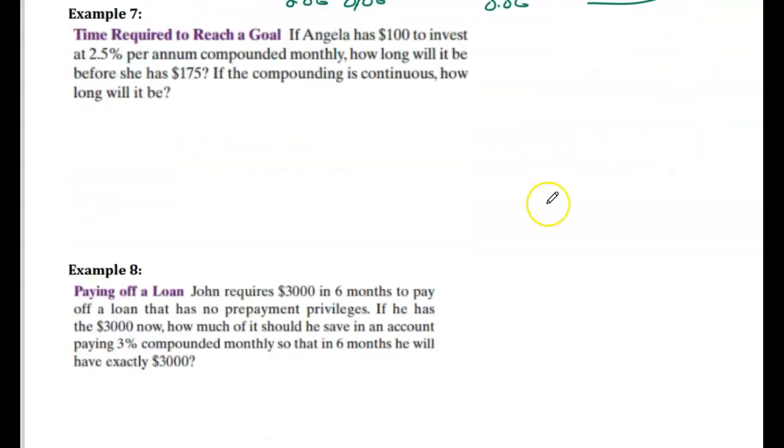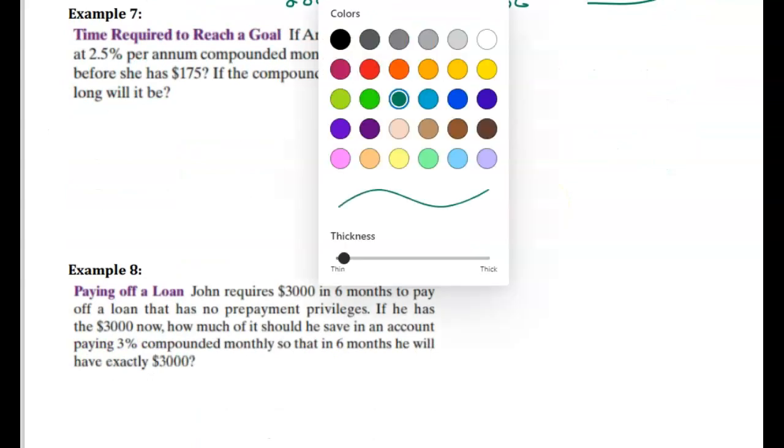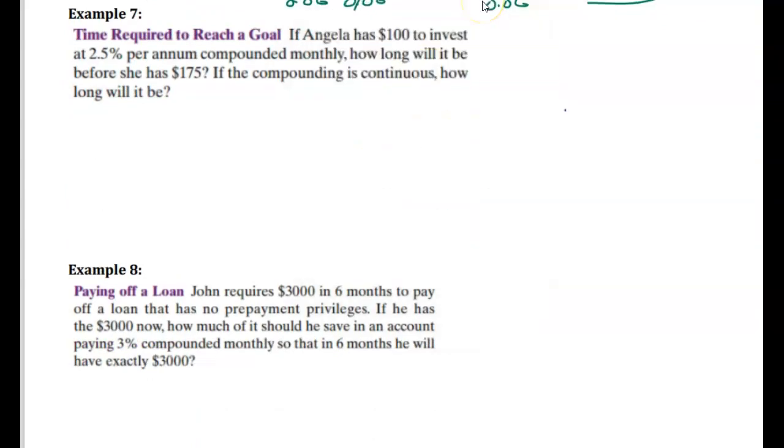Okay, let's look at some application problems now. Other application problems. Time required to reach a goal. So if Angela has $100 to invest at 2.5% per annum, compounded monthly, how long will it be before she has $175? If the compounding is continuous, how long would it be? So we have two parts here, compounded monthly and compounded continuously.